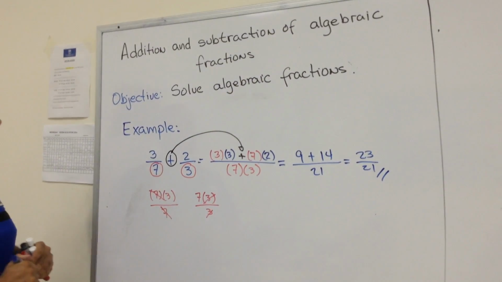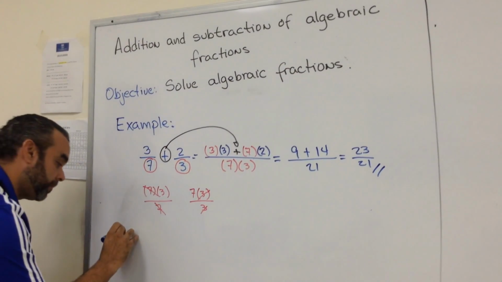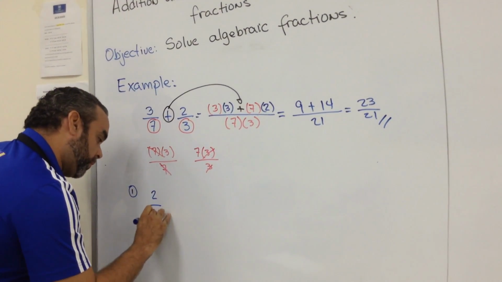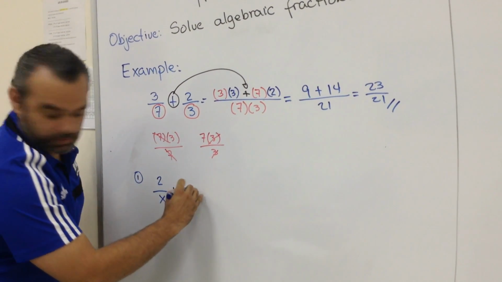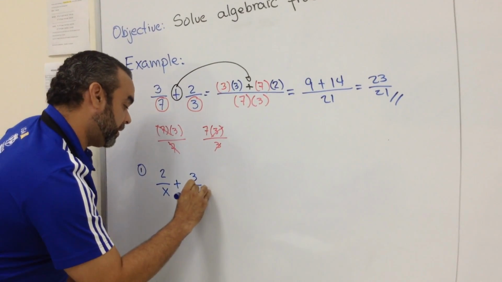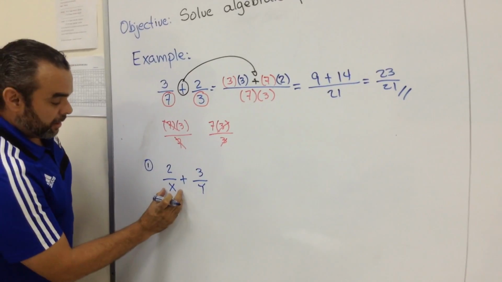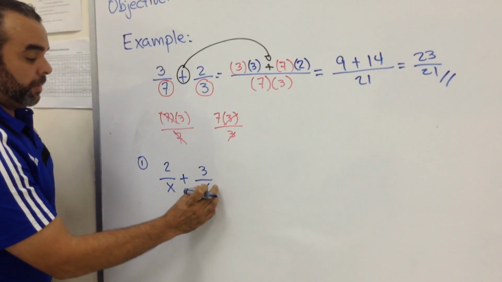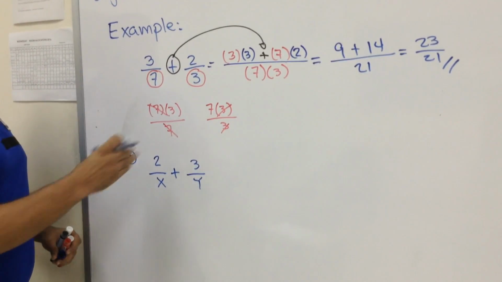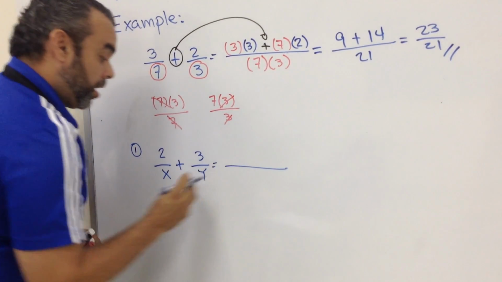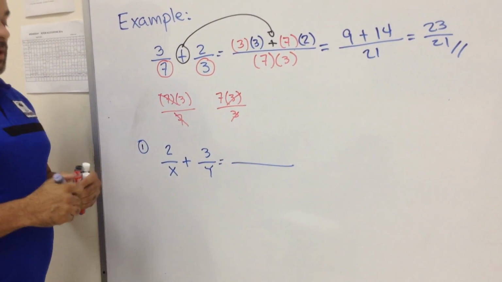So let's start with the examples of algebraical fractions. If I have a fraction like this, I have my variables on the denominator in this case. So I'm going to play exactly the same way we did here. We are going to treat our variables as if they were numbers.